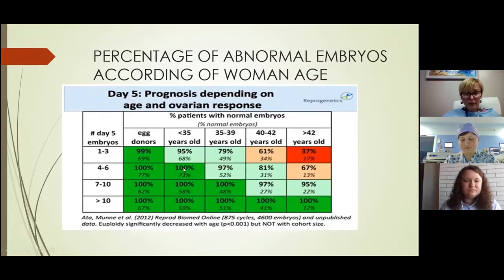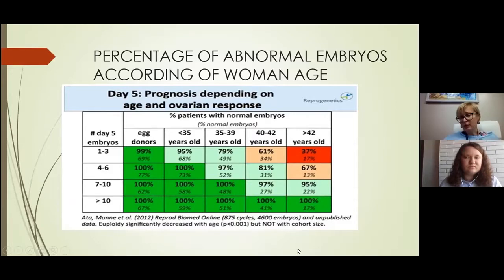We can see that in young women less than 35 years old, in 90 to 100% of cases, we have at least one genetically normal embryo. But with advanced maternal age, more than 42 years old, in 37% of cases we have not even one genetically normal embryo. So it is very important to remember.